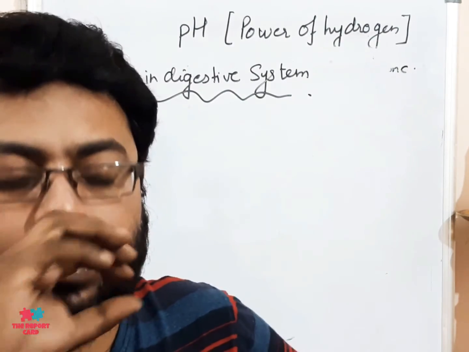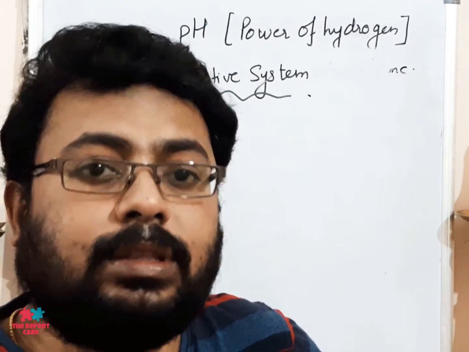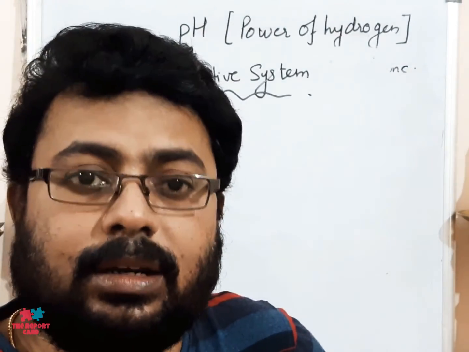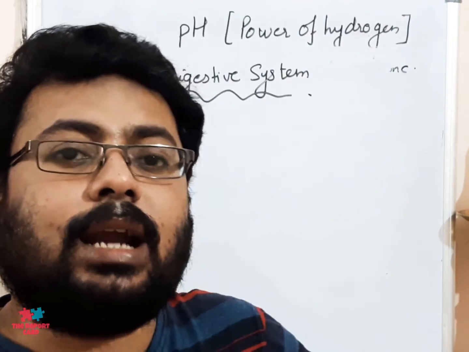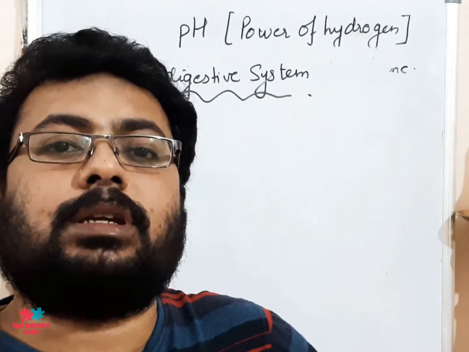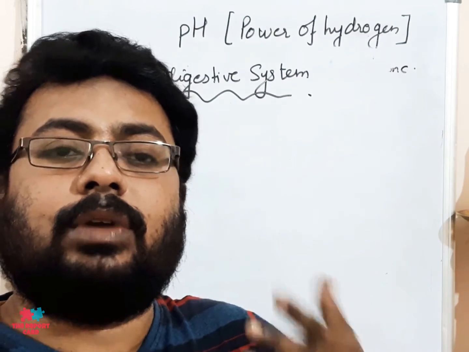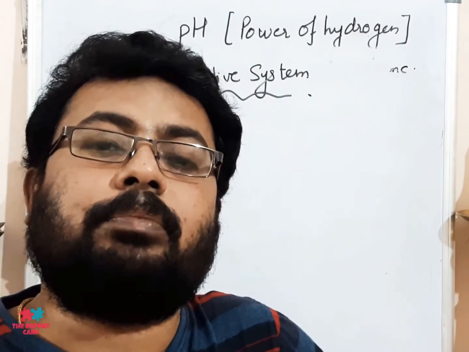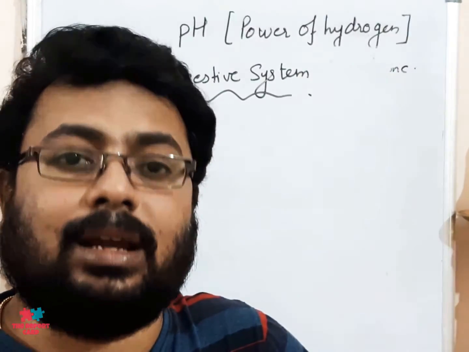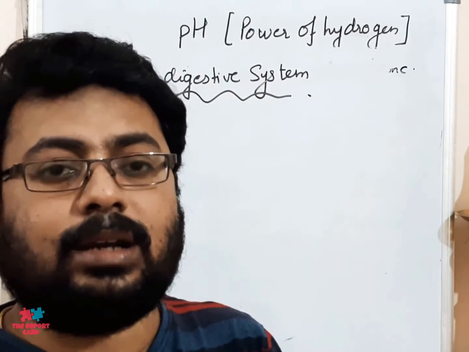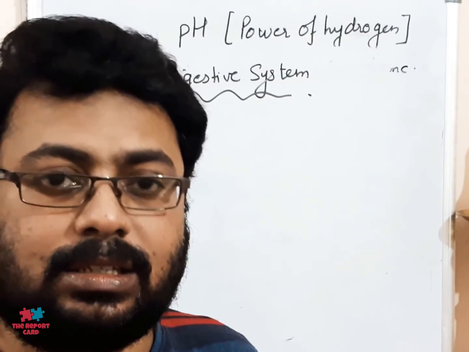It becomes active only when the pH is low. That's why hydrochloric acid is secreted in the stomach, as a part of gastric juice. So in that acidic pH only, pepsin works and breaks the protein. But when it comes to trypsin, the pH has to be more than 7, so it has to be alkaline. This is one such example of how pH plays a very important role in the digestive system.